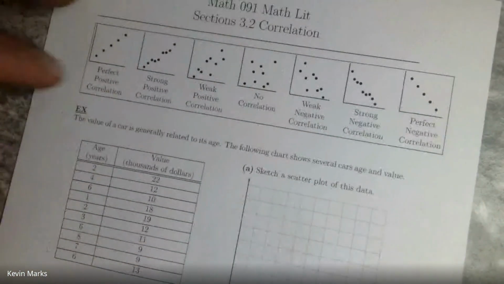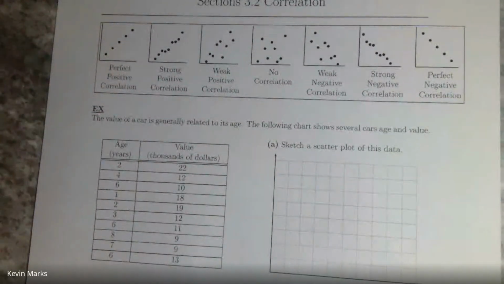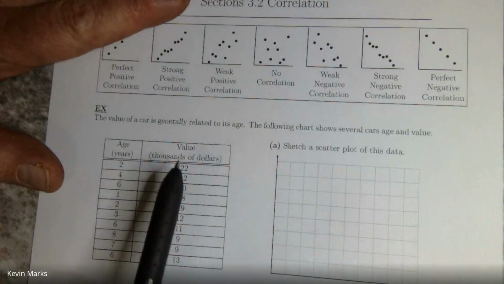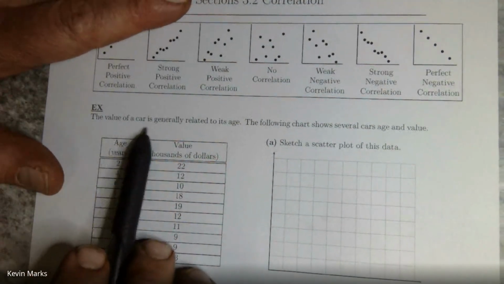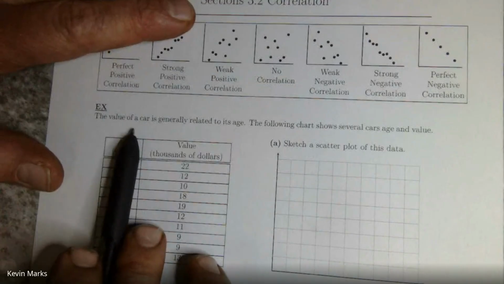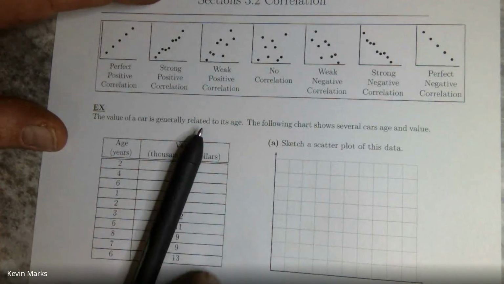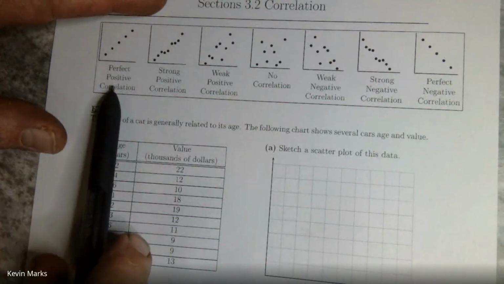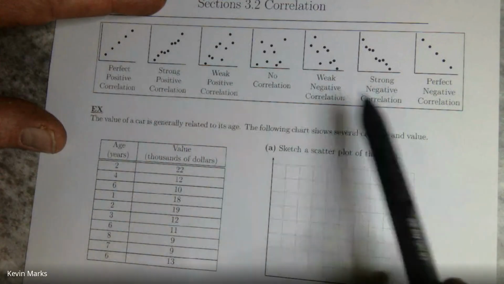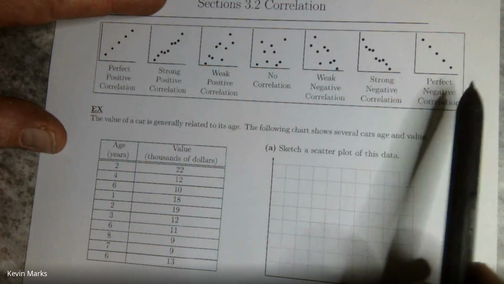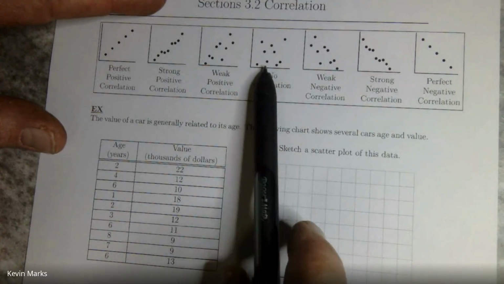Okay. So let's check out an example, and we'll be able to get to some other things with this. Let's say we're talking about the value of a car versus its age. The value of a car is generally related to its age. So ask yourself before you even do this: would you expect this to be a perfect positive relationship like this, or a perfect negative relationship, or no correlation whatsoever?